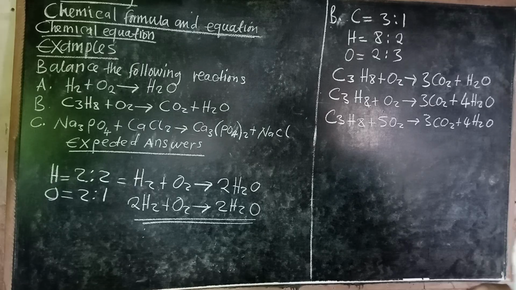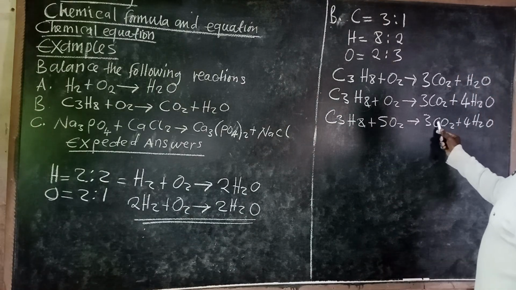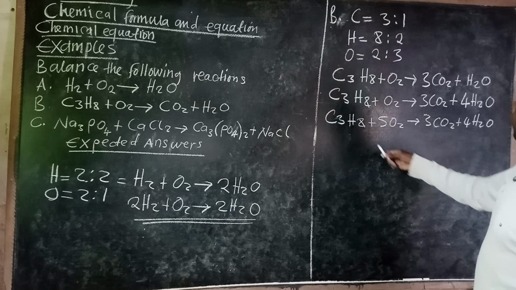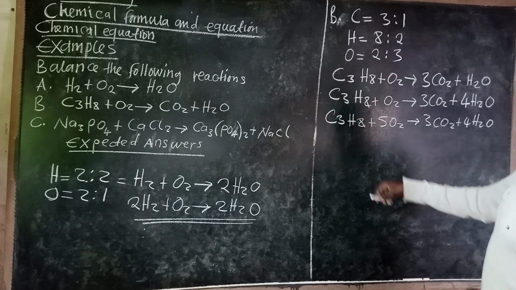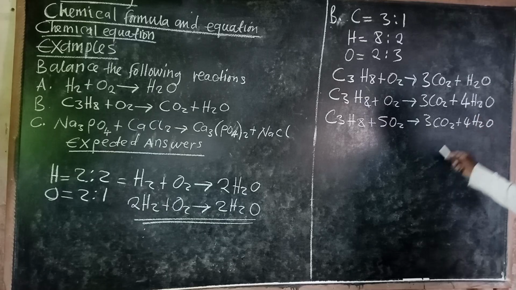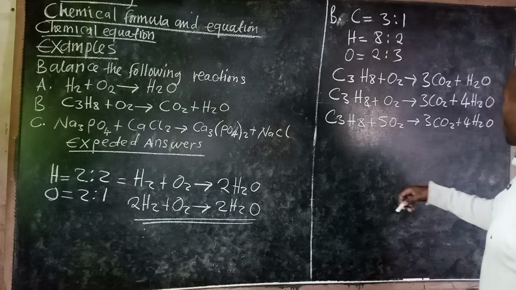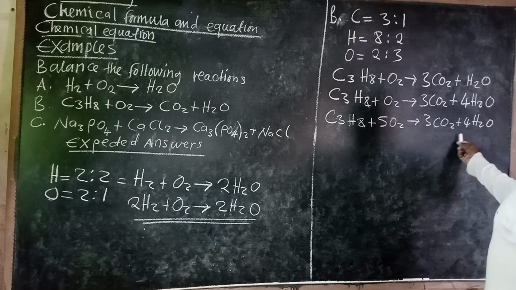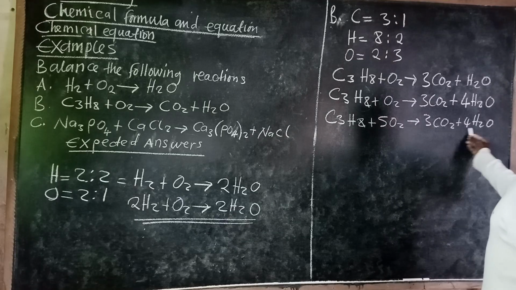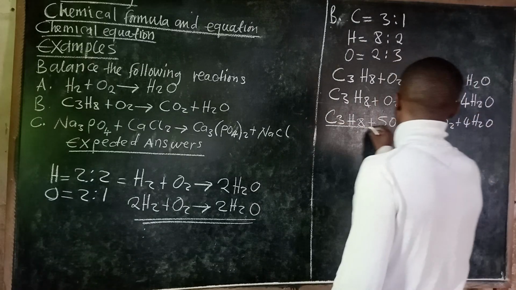Let us check. Here we have 3 carbon. What about here? 3 carbon. Good. Then here we have 8 hydrogen. What about here? Hydrogen is 8. Very good. Let's go to oxygen. Here we have 10 oxygen. Then what about here? 3 times 2 is 6, plus 4 is 10. So this is the balanced equation.